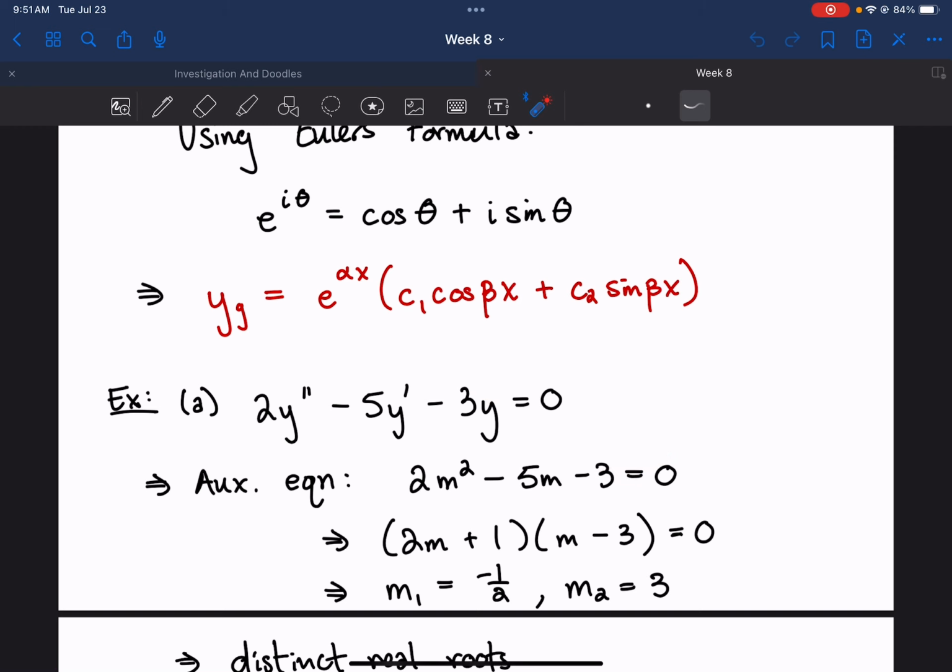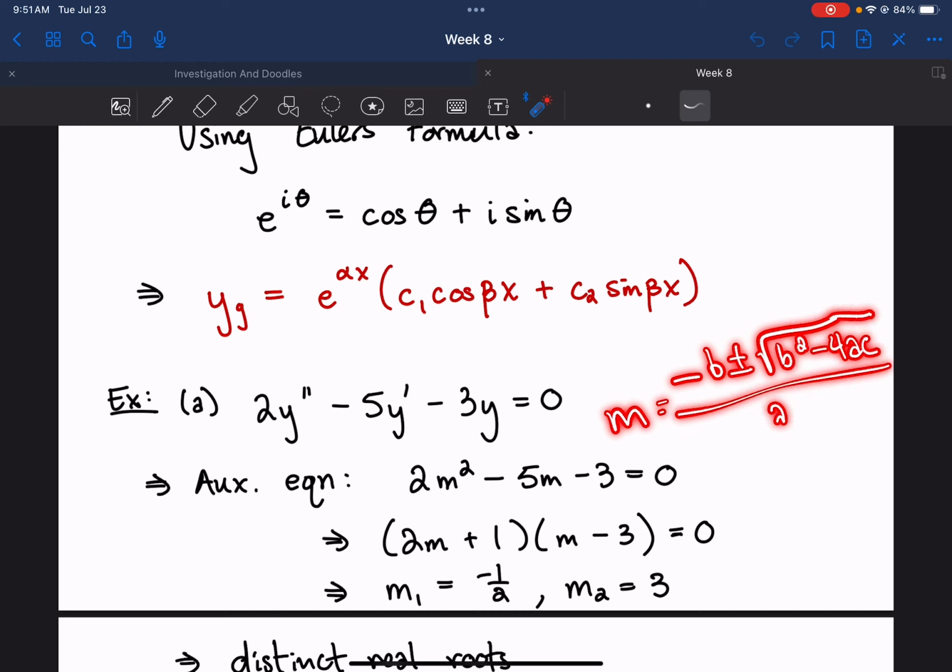Now we've got to factor. You can use the quadratic formula if you like. That one's repeatable, right? It says that m equals negative b plus or minus the square root of b squared minus 4ac, all over 2a. That will give you your two solutions, m1 and m2.